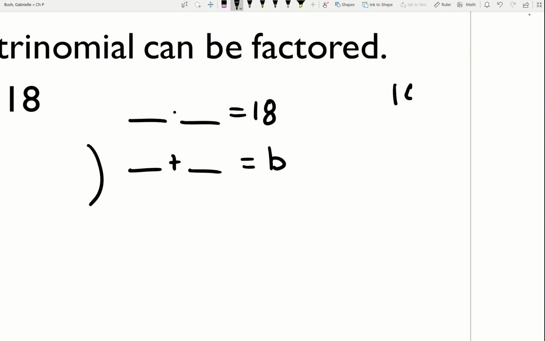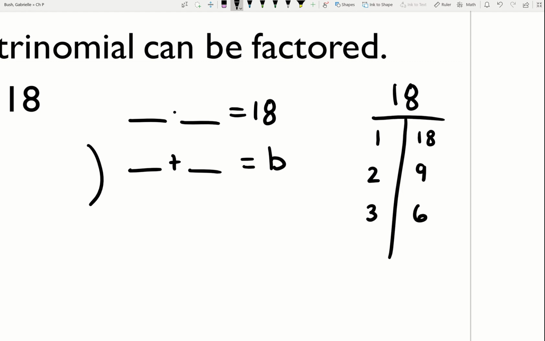So let's go ahead and make that chart of factors of 18 like we did before. We can do 1 and 18, we can do 2 and 9, and we can do 3 and 6, and I believe that's going to be it, right? So these are all the different pairs of factors of 18.